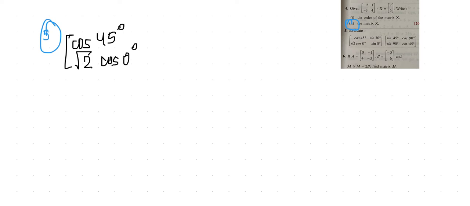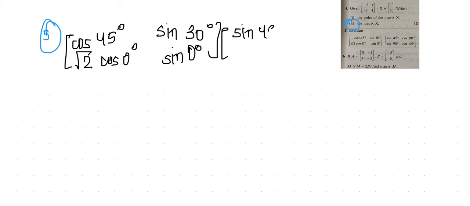And here you are getting sin 30 degrees, and here sin 0 degree, and in the other bracket you are having sin 45 degree, cos 90 degree, and then sin 90 degree, and then cot 45 degree. Okay, these are the things which are there.